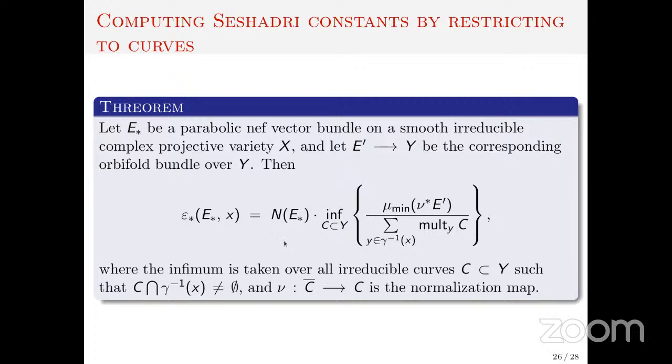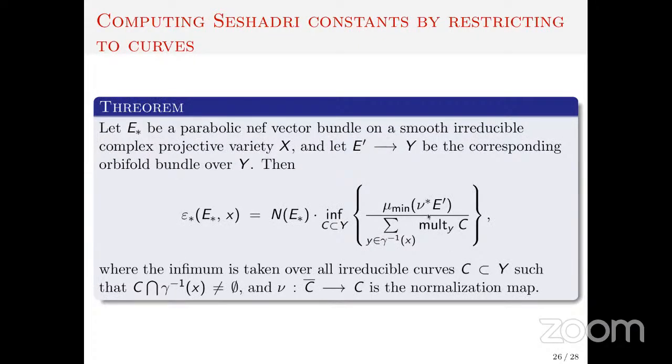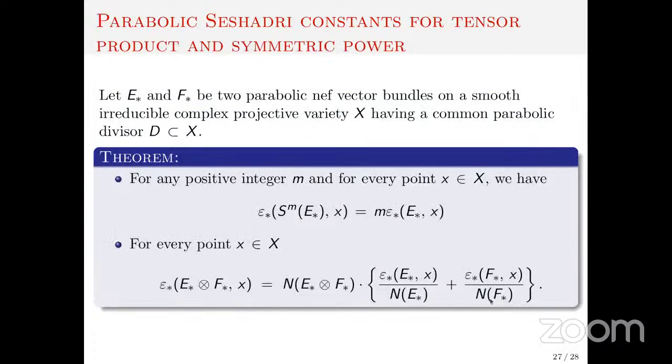So m is coming out. That's why this homogeneity property is satisfied here. And similarly, in the case of tensor product, you can use this criteria and the properties of mu min to split between these two things. I think that's all I have to say. Thank you.